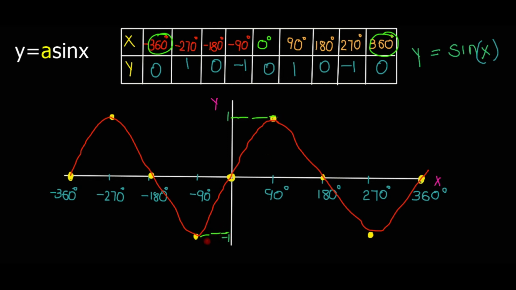So we're saying the same thing here. It's about how to find the range, the maximum, the minimum, the amplitude. The only difference now is the domain: x is an element of negative 360 degrees and positive 360 degrees. So this is our new domain.